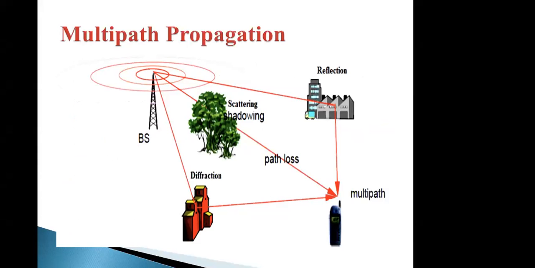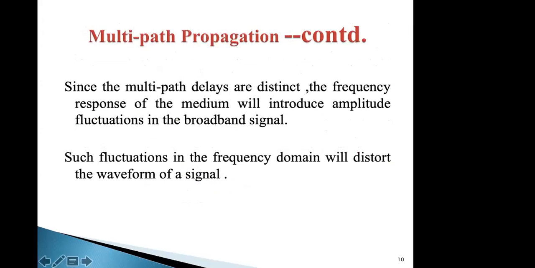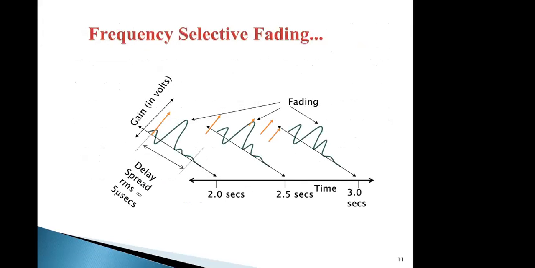We know that in wireless communication we receive the signals through multipath. I give an equation for the multipath channel, as each path comes with a different amplitude and different delay. The alpha i's and tau i's are the amplitudes and delays of the multipath components. This multipath communication will distort the waveform of a given signal.